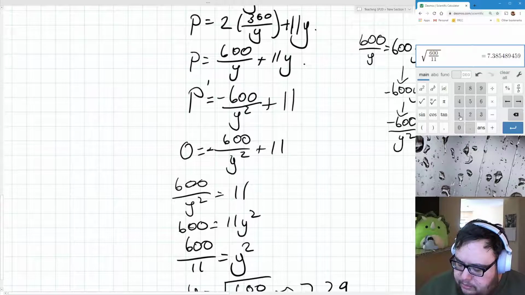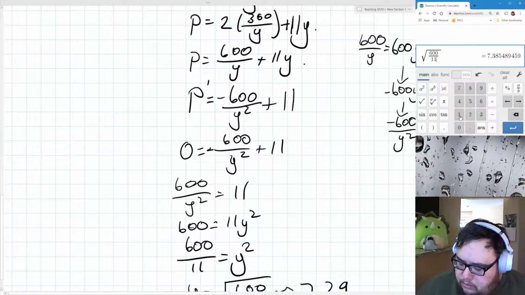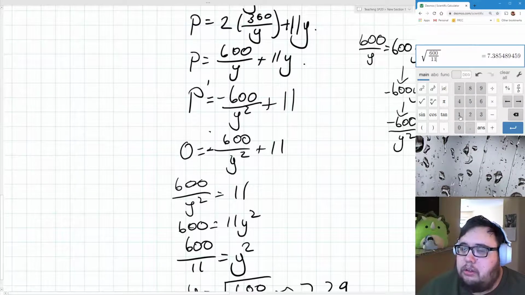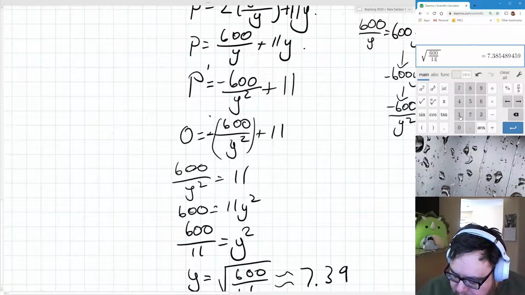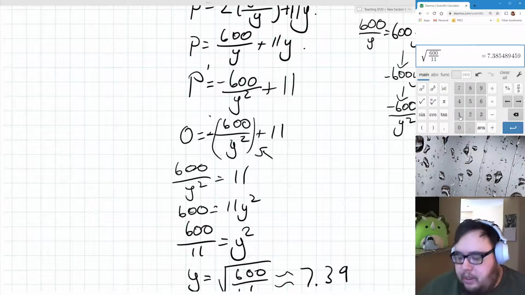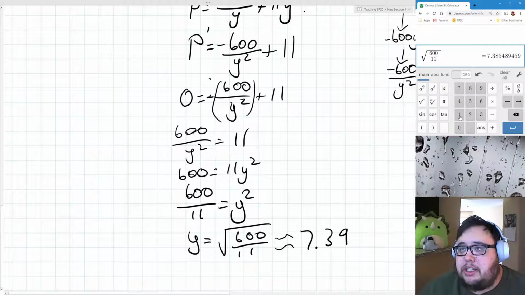Well, we're not adding negative 600, we're adding 600 over y squared. We're adding this whole quantity right here. Oh, okay. So it'll cancel out with the negative version of it on the right-hand side and end up on the left-hand side. Gotcha. And we probably do want it to be positive, because if it was negative, then our answer would be imaginary, and that seems like a bad time.